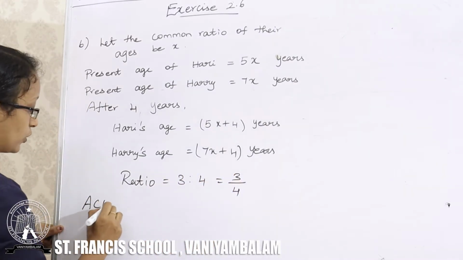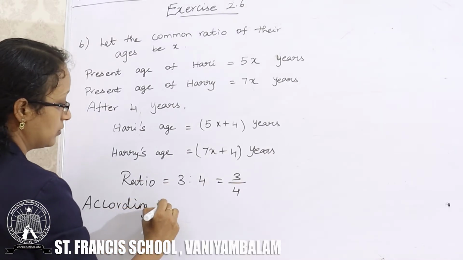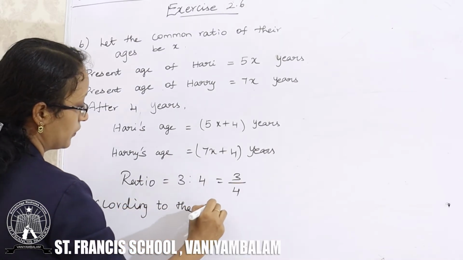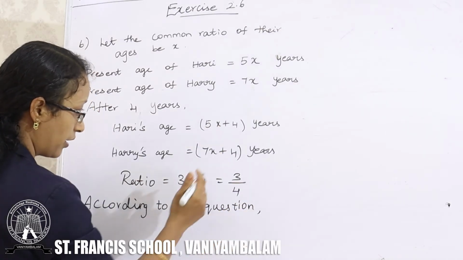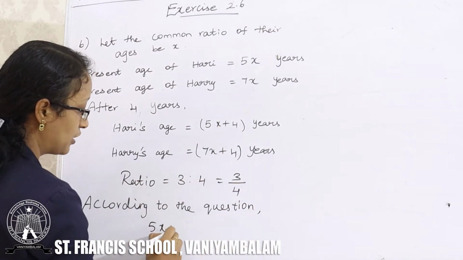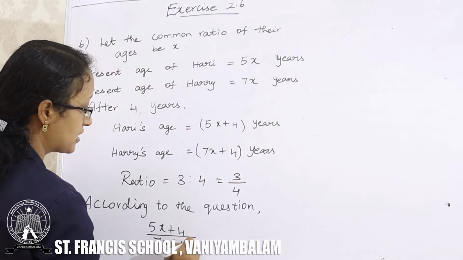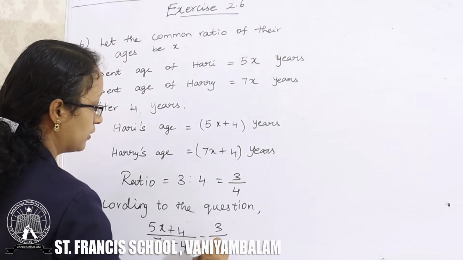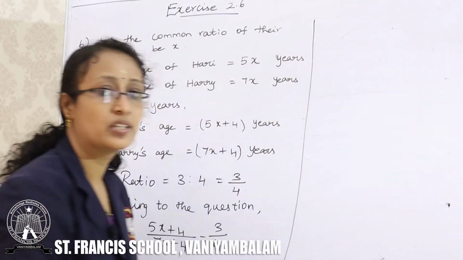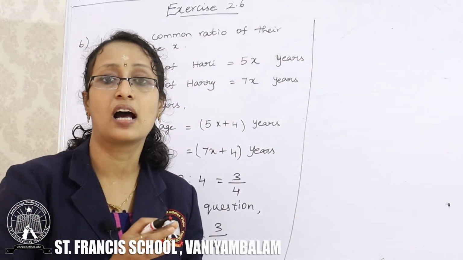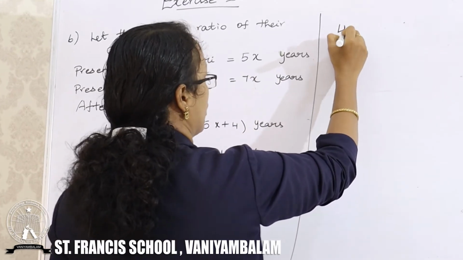So according to the question, after 4 years, the ratio will be (5x + 4)/(7x + 4) = 3/4. You can solve this. Now both sides, the expressions are in fractions, so you can cross multiply.